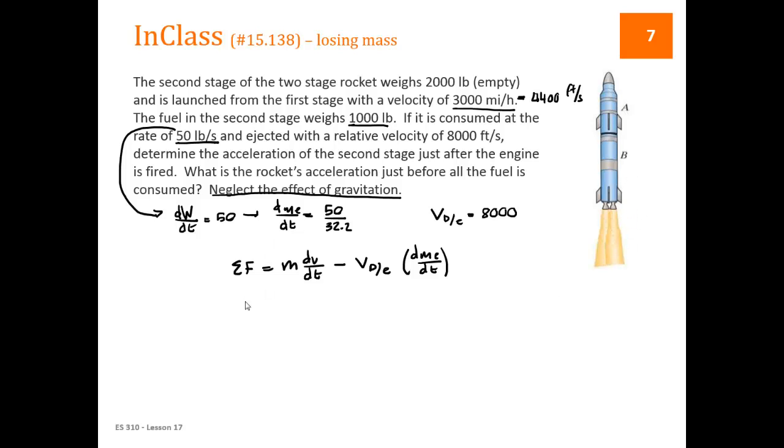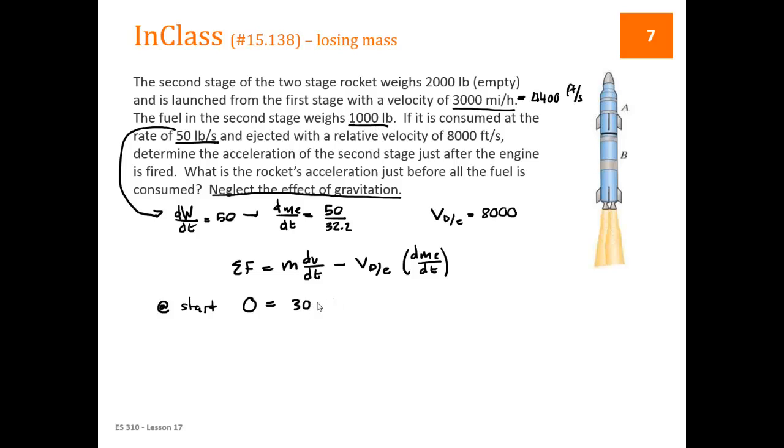So we get 0 is equal to, and we're supposed to look at two cases. We want to find the acceleration right when it starts and the acceleration right before the fuel is gone. The only difference between those two cases is the overall mass. At the start, the mass is 2,000 plus 1,000, so 3,000.